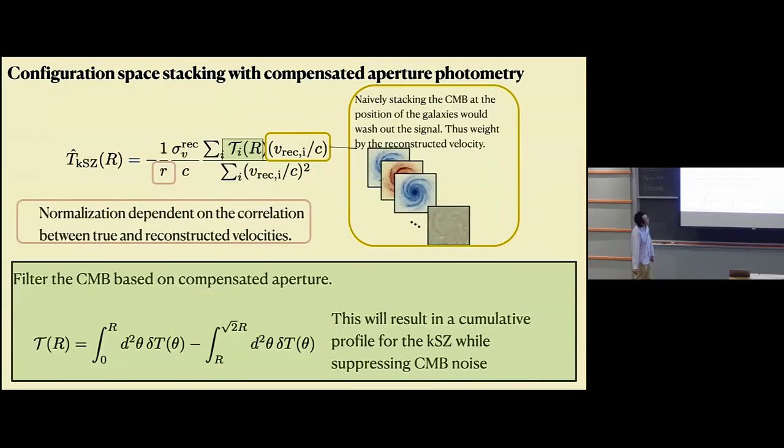We have a normalization that depends on how well we capture the reconstructed velocities. And finally, these weighted stacks are passed through a CAP filter, which helps to remove the noise from the CMB. This is the real space estimator that we use.